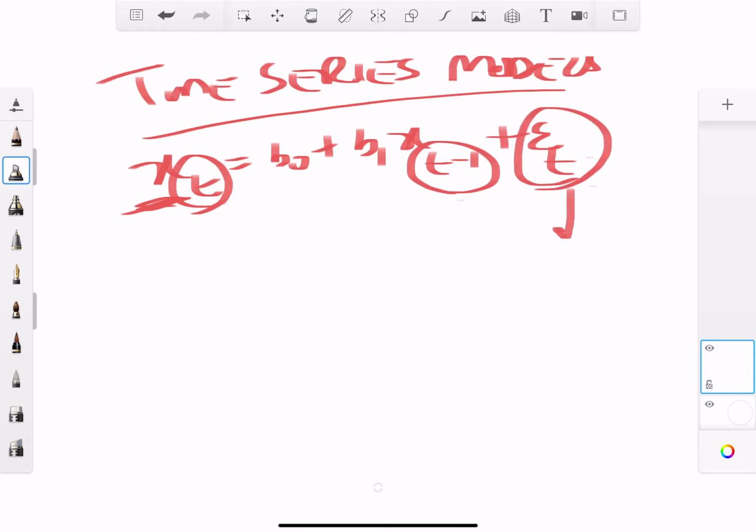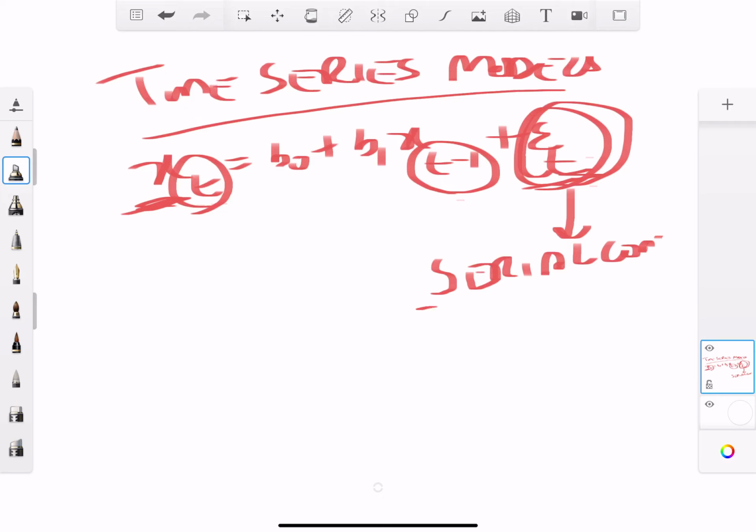Now, we will do some kind of testing for something called serial correlation, which means are the error terms correlated? That's going to be a factor because if there is a serial correlation, then we cannot really use the time series model. If there is no serial correlation, then that's great. Then we can actually use it.